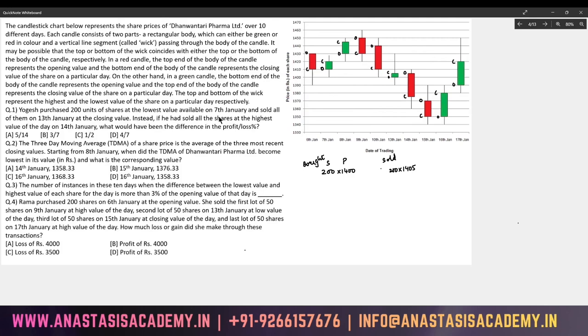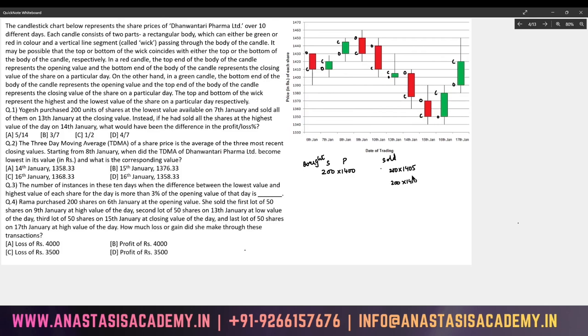If instead he had sold all the shares at the highest value on the 14th day, the highest value is 1410. If instead of selling 200 shares at 1405, he had sold 200 shares at 1410, what would have been the difference in the profit or loss percent? In either case, he's getting profit.